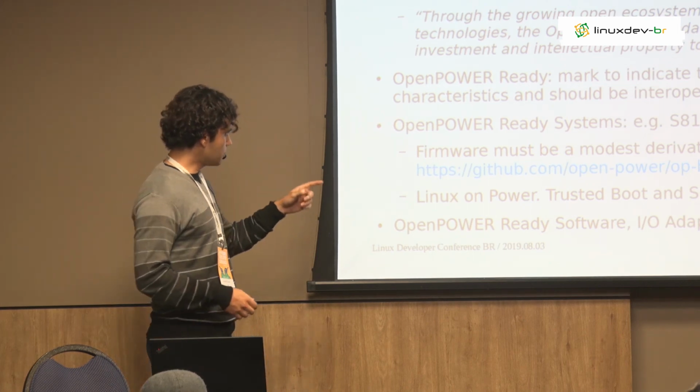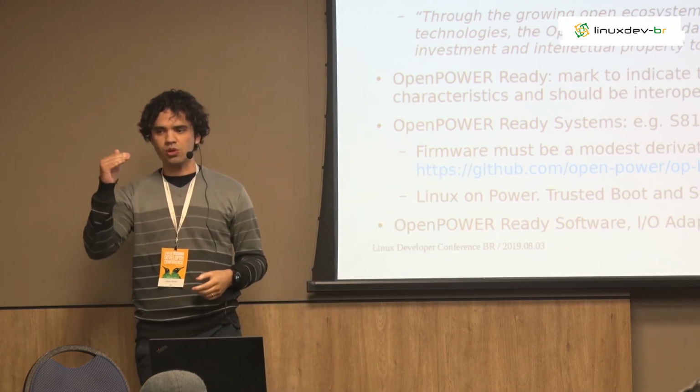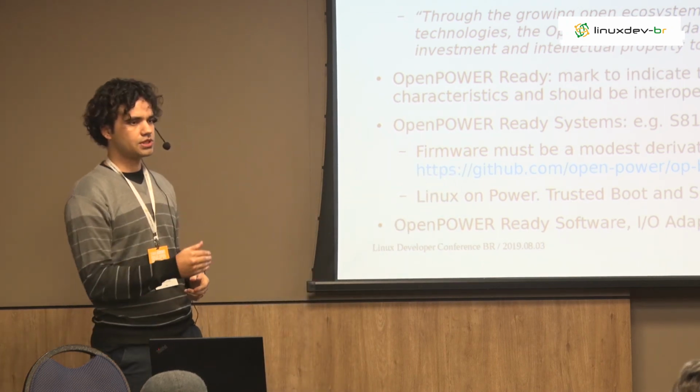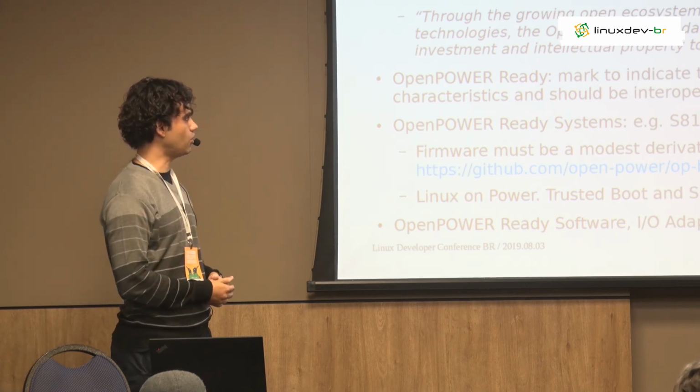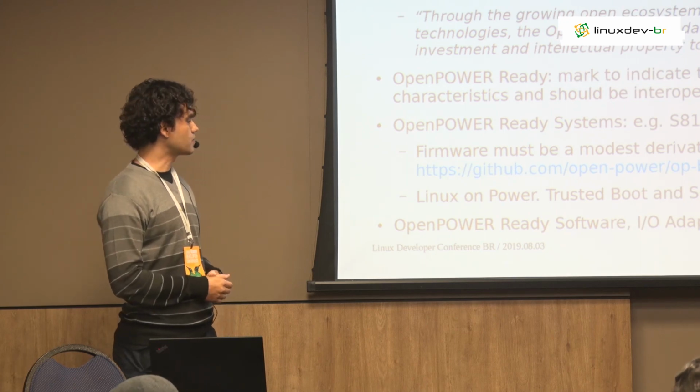Under this OpenPOWER organization here in GitHub, we have other repositories. We have all the firmware components. You can go there and download, take a look at all those firmware components, and you can use op-build to build all those firmware components.